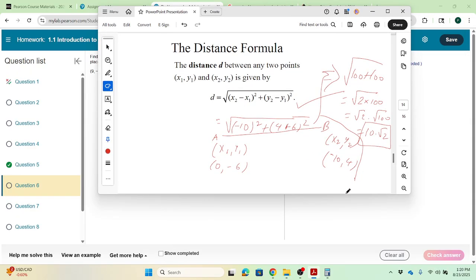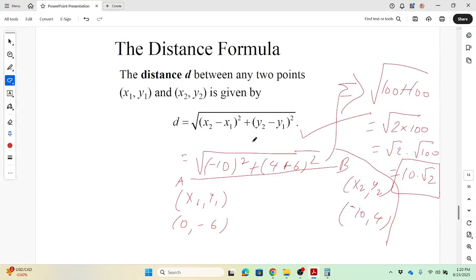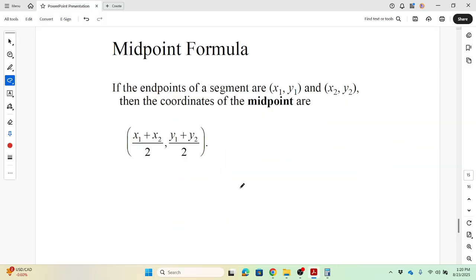By using the very same idea, we can also find the midpoint between 2 points. So let's say you have 2 points, point A and point B, with the coordinates x1 comma y1 and x2 comma y2, and we are interested in finding the middle point of those 2 points. Then this is the formula you have to use.